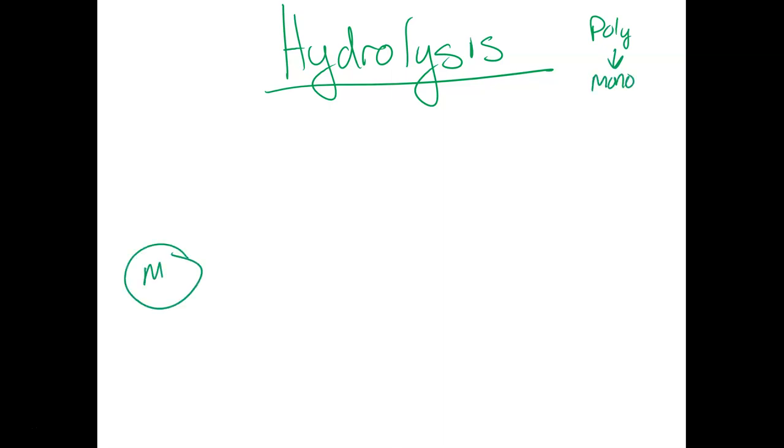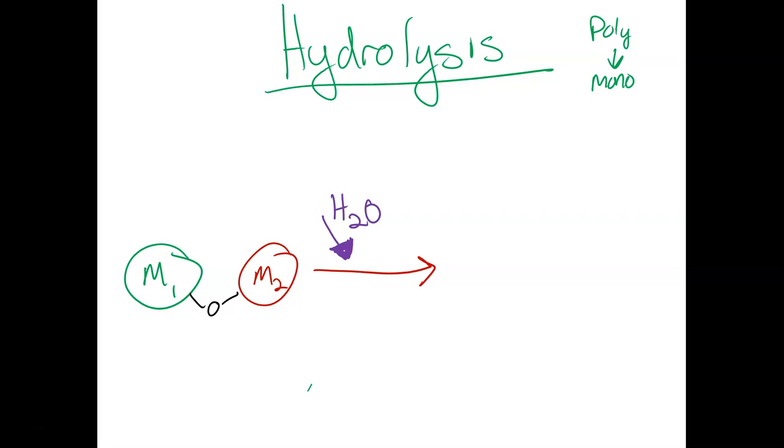We have monomer 1, we have an O linkage, and then we have monomer 2. In this reaction, here you're going to see H2O enter. So there's going to be an arrow going in. We're not going out like dehydration synthesis. We're going in and we're adding H2O.